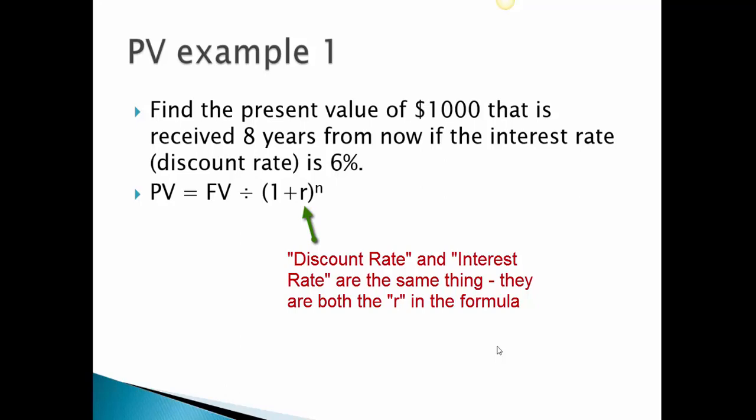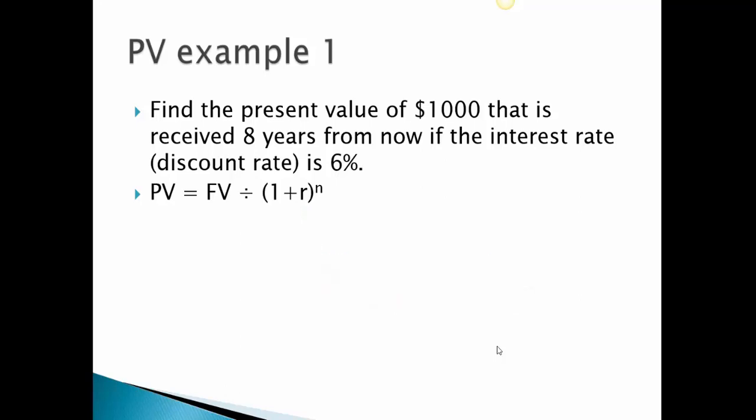They're both the rate input in Excel. So generally anytime you see that word discount rate, interest rate, that's what you're going to be using for the R or the inputs in Excel. In any event, let's start sticking the pieces and parts in here.